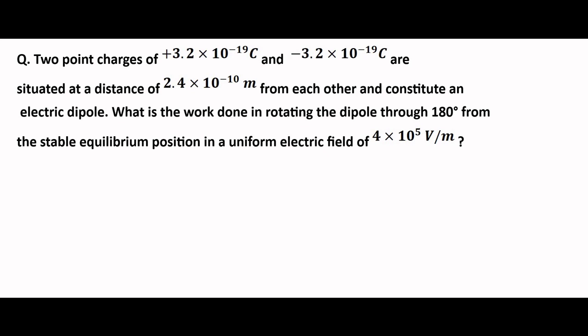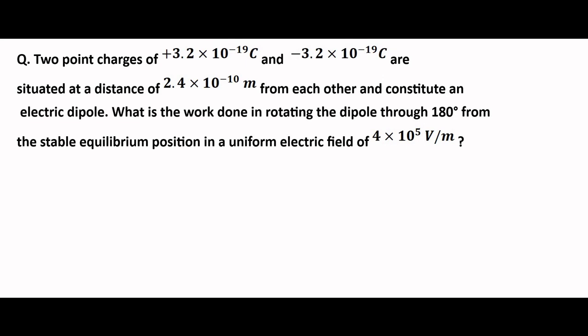So here is another question on electric dipole parameters. It is given that two point charges of plus 3.2 into 10 to the power minus 19 coulomb and minus 3.2 into 10 to the power minus 19 coulomb are situated at a distance of 2.4 into 10 to the power minus 10 meter from each other and constitute an electric dipole.